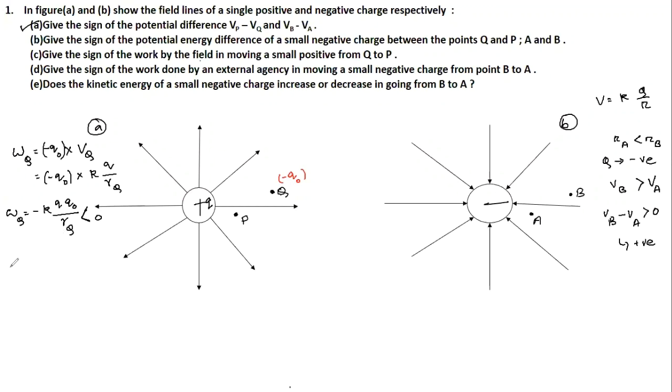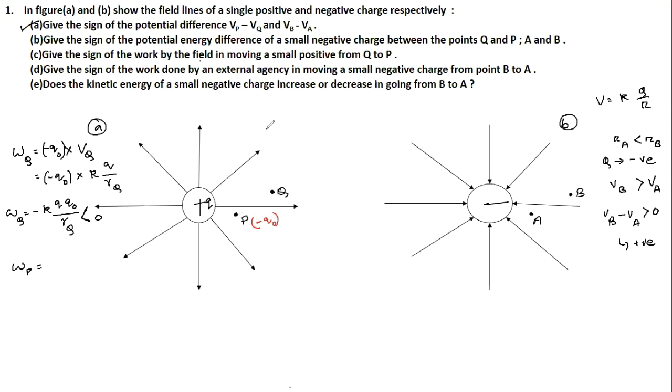Again, when you find the work done at point P, instead of putting that negative charge at point Q, let's say you have kept it at point P. This test charge will be brought from infinity to point P. How much work is done by this Q naught charge?